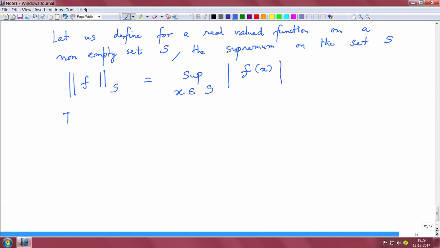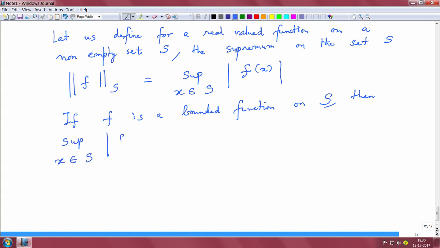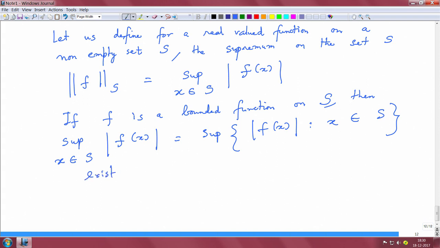Okay. Now, if f is a bounded function on S, then the supremum over x belonging to S of the absolute value of f of x, if you write this in this form, such that x belongs to S, exists.